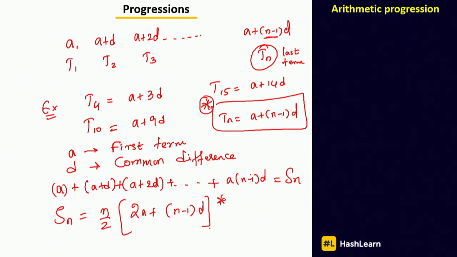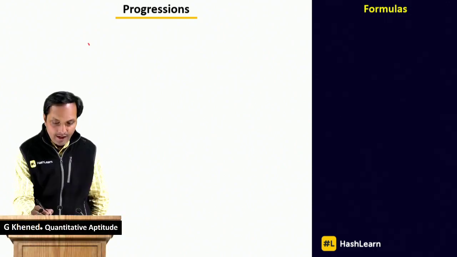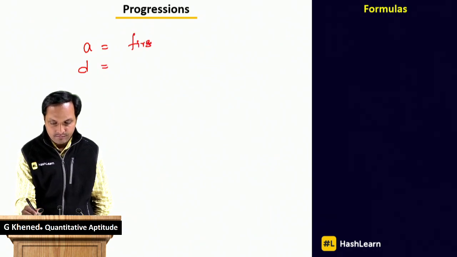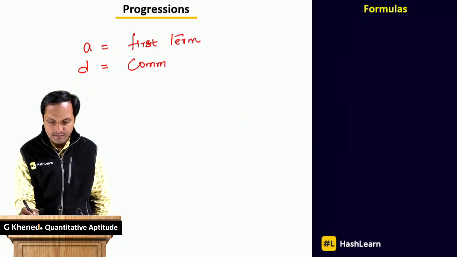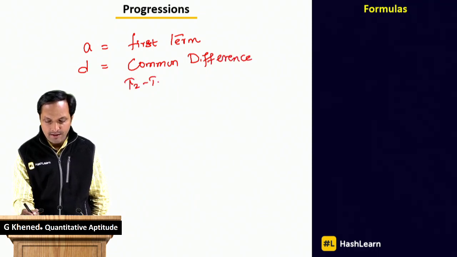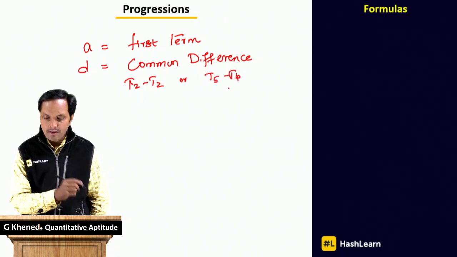I will rewrite the formula. A is the first term, D is the common difference, or you can write it as T2 minus T1 or T5 minus T4.